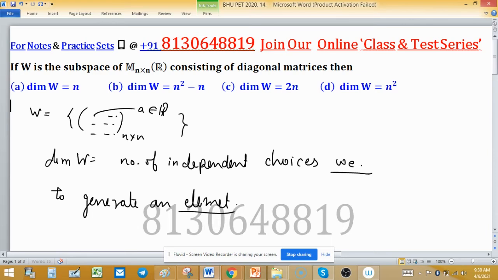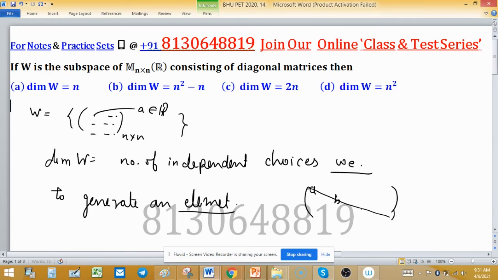I am not saying for a particular element of W, but any element. For all elements, how many independent choices do we have to generate an element of W? W contains only diagonal elements, meaning diagonal, not scalar. Remember one point, scalar matrices also will come in diagonal matrices.